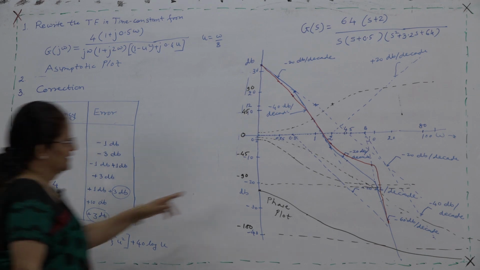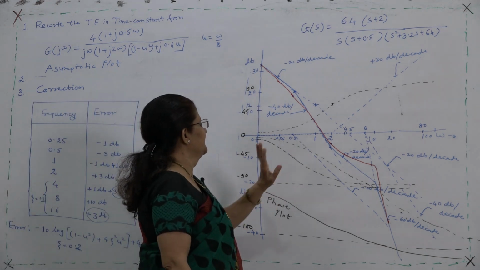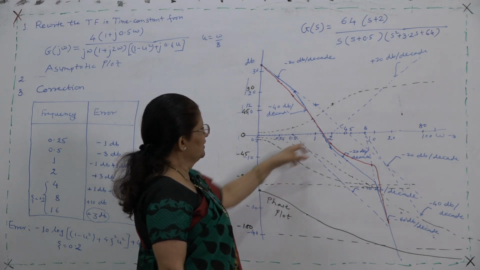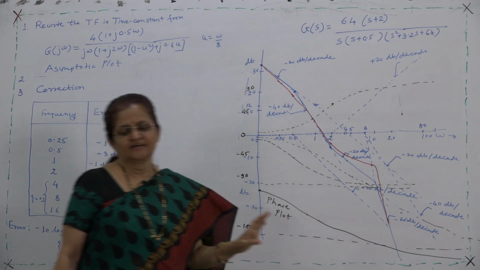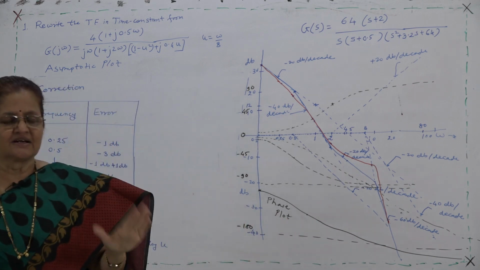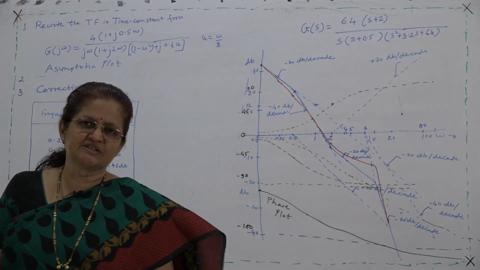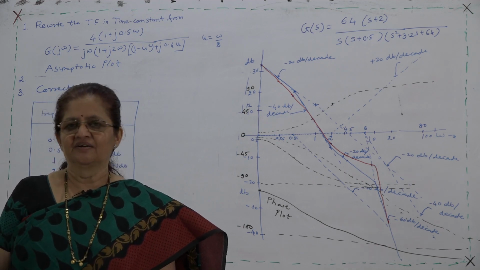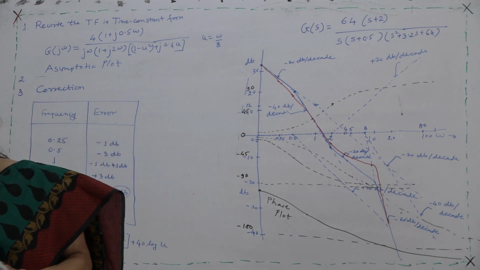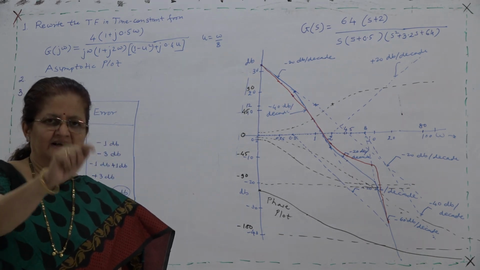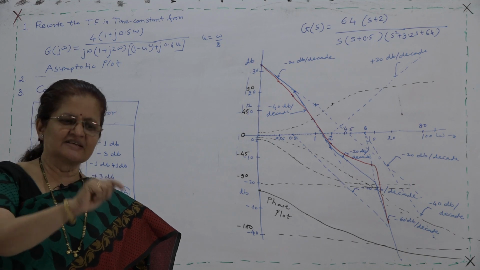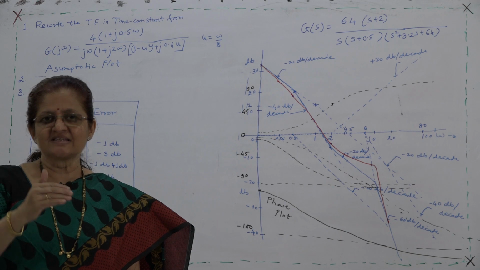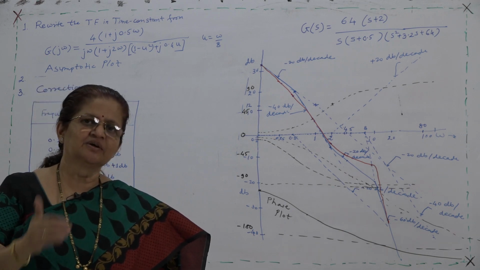All the plots we are drawing are approximate. So, it is better, instead of drawing separately for each term, to make a table for the phase plot, find out the values and directly represent that angle at that frequency. Once you get 7 to 8 points, draw a smooth curve, that is your phase plot. That will save your time while drawing the Bode plot.